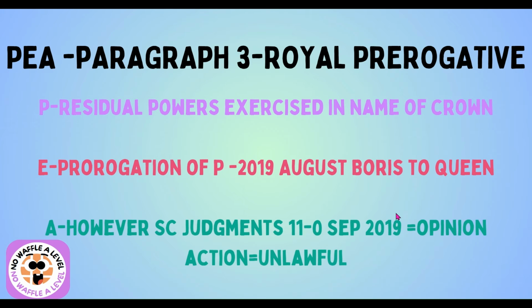You can analyse this by saying that the royal prerogative was limited as a Supreme Court, what SC stands for here, judgment of 11-0 in September 2019 voted that Boris Johnson's action of proroguing Parliament for that period was unlawful and illegal. So you could say that whilst it's a source of the Constitution, it's often limited by a different branch of government, which we'll come to in a later video.